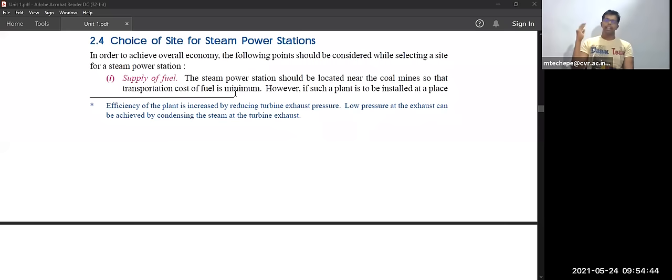So if the fuel cost is more, they will plan for railroads. They will construct rail lines, like a broad gauge, directly inside the thermal power plant itself.